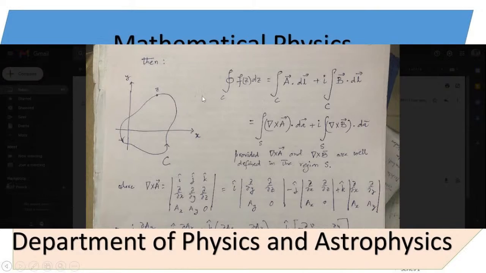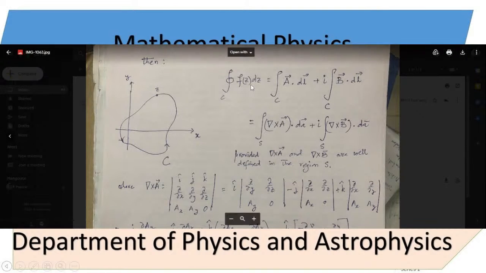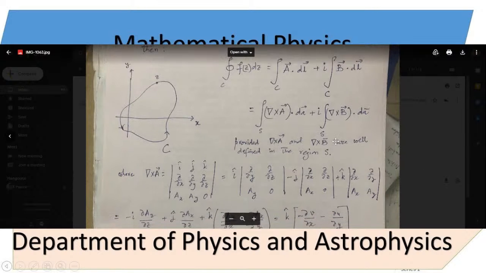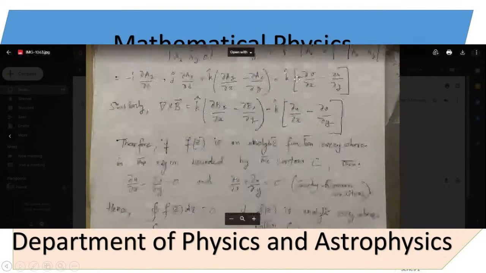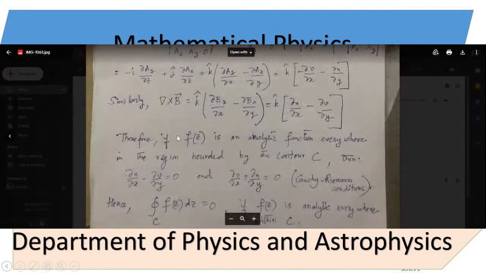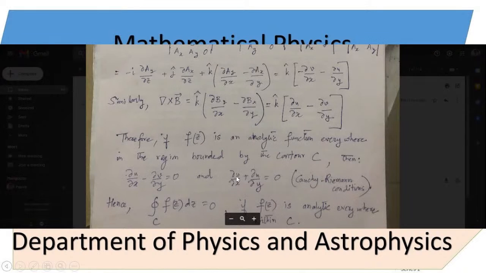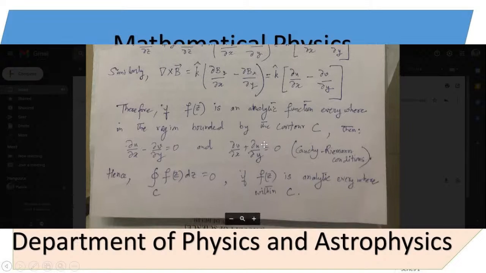Only when curl of A and curl of B are everywhere obtainable within the region, only then I can apply Stokes' theorem. And therefore, your function must be analytic everywhere within the region bounded by the closed contour C.